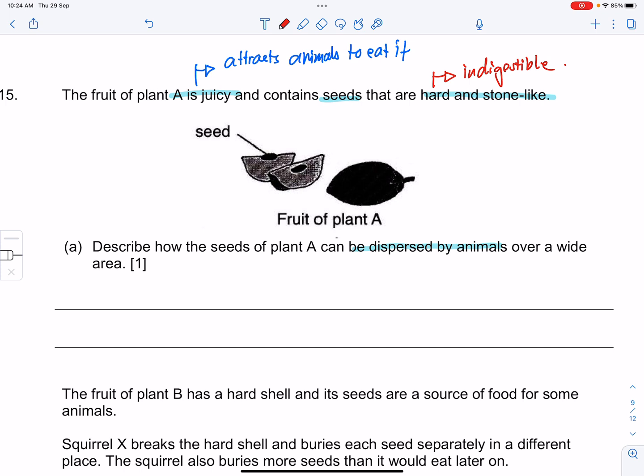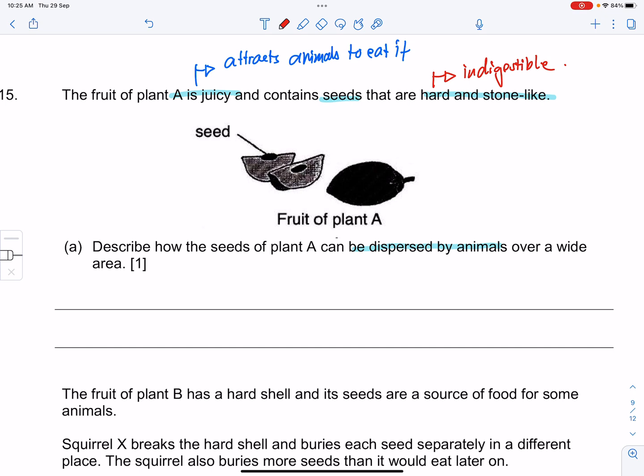If the animal is eating the whole fruit and swallowing the small seeds, then we can assume that yes, probably it's far away from the parent plant because you would not be standing there forever due to predators. Basically if you're fruit eating, that means you're probably a herbivore and there are carnivores going to eat you. So you don't want to be standing there.